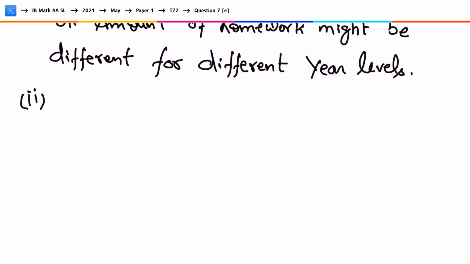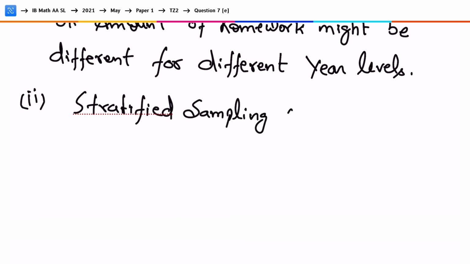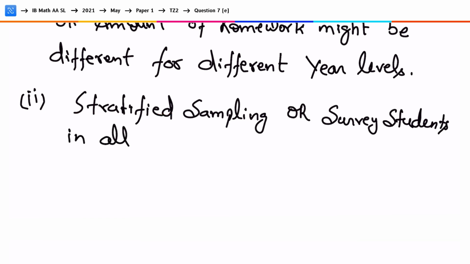The second part of this, according to the question, should include stratified sampling or survey students in all years. This is our final answer.